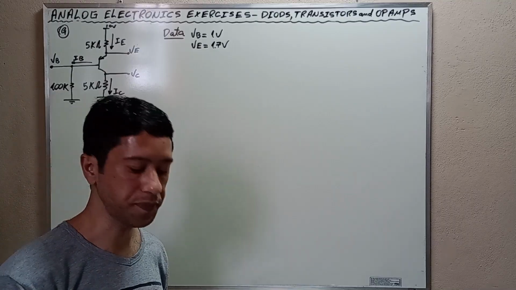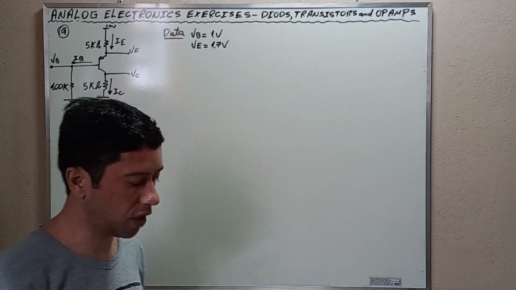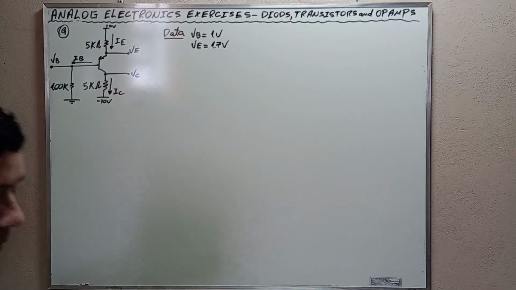Exercise number 9. For the circuit of the figure, determine beta and the values of the current and the voltages VE and VC, and use the data that VB is equal to 1 volt and VE equal to 1.7 volts.